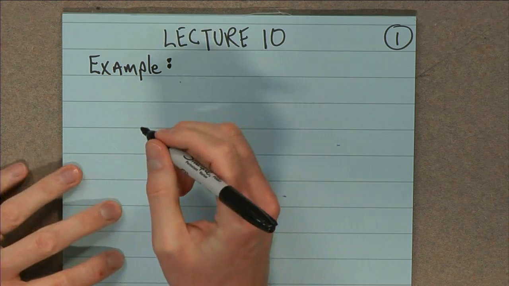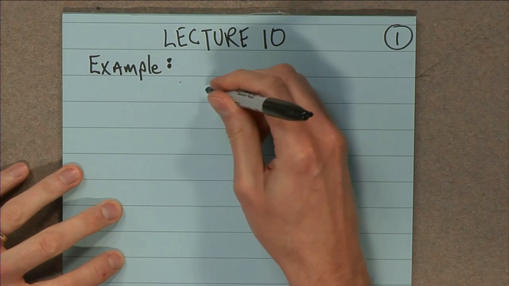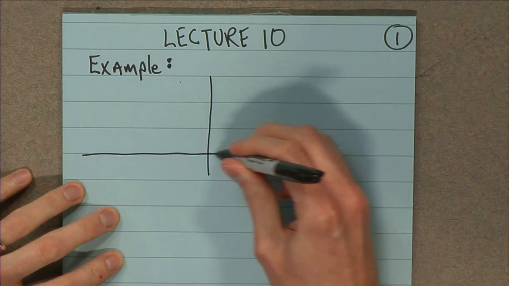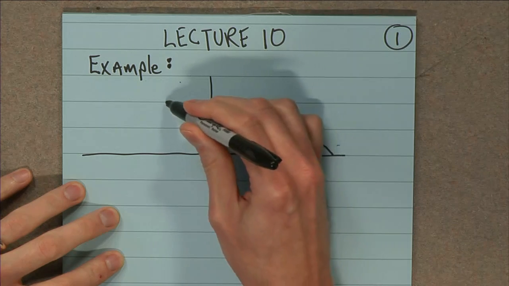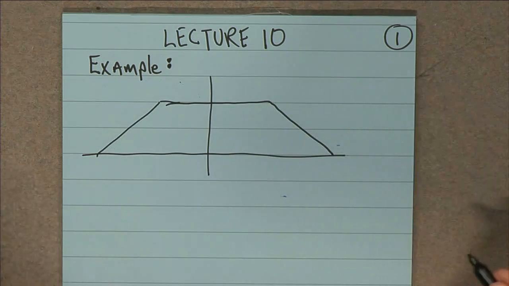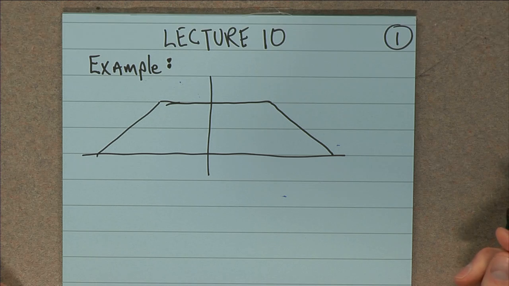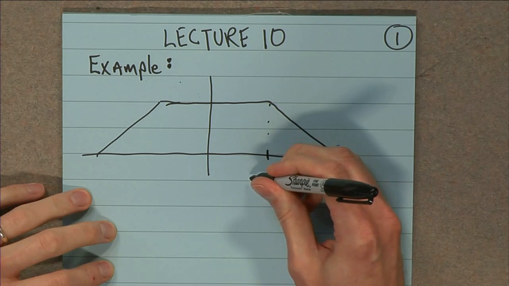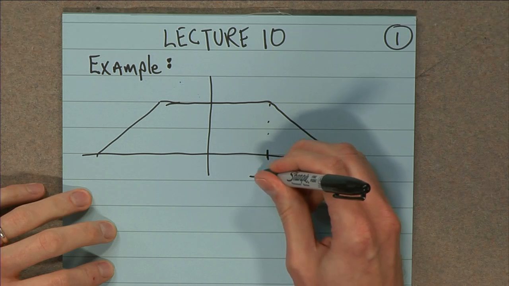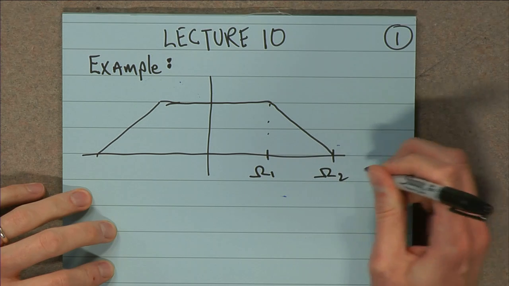So let's go back to our example, where I'll just try to sketch it so we don't have to cover everything in gory detail. We had an anti-aliasing filter we were looking at. I was calling this frequency omega 1 and this one omega 2.